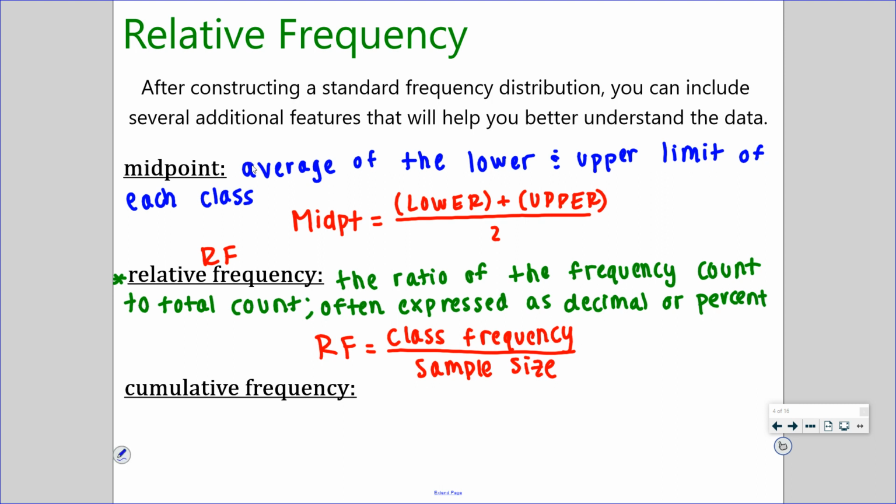The accumulation of all previous relative frequencies.